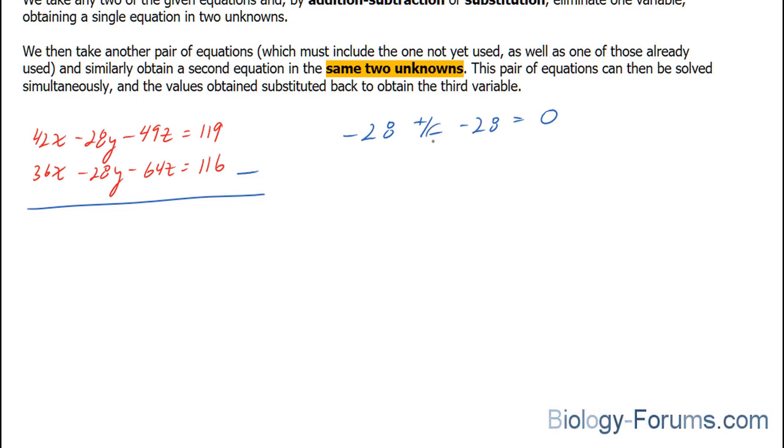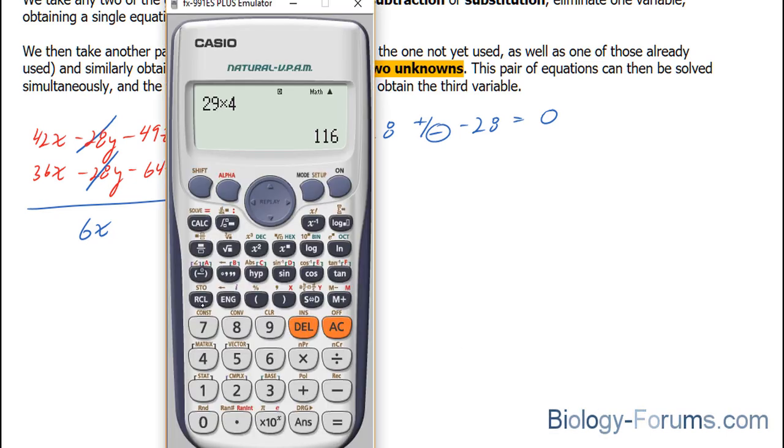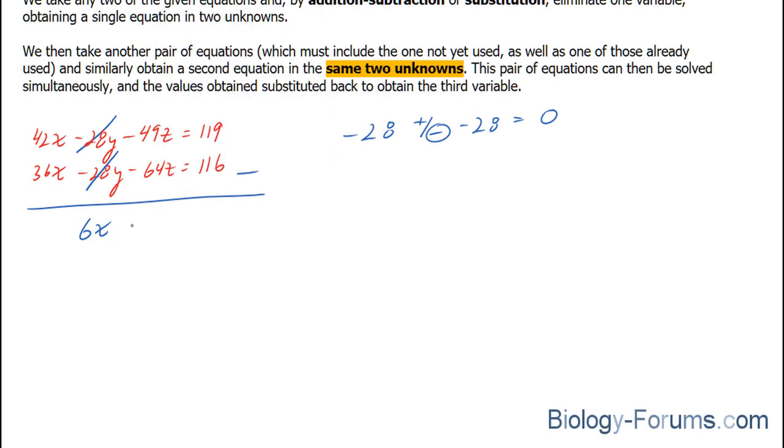So we'll subtract them. That will eliminate the middle term here. And we end up with 6x and negative 49 minus 64. Negative 49 minus negative 64 is equal to 15. That's positive 15z. And these 2 subtracted is equal to 3.